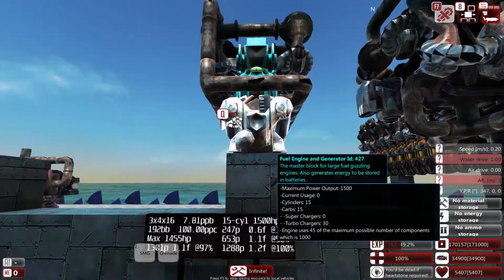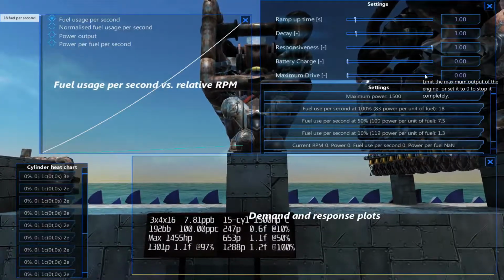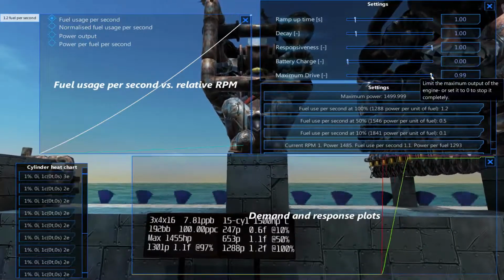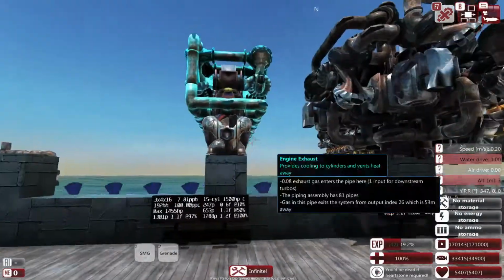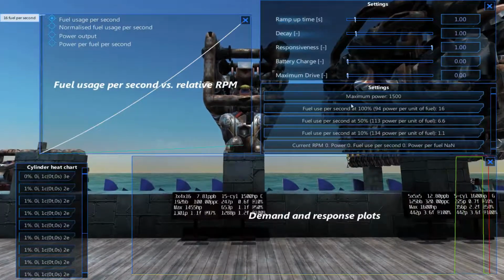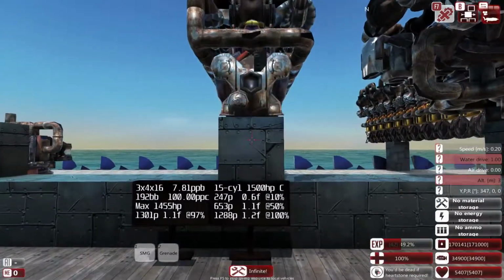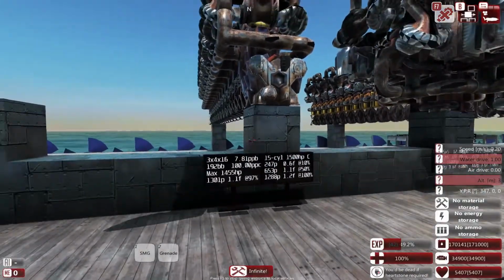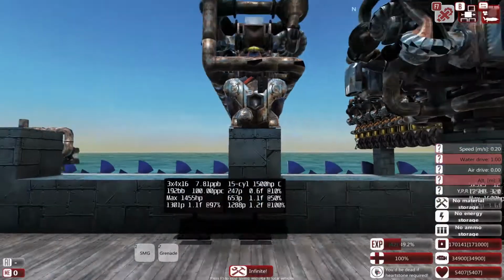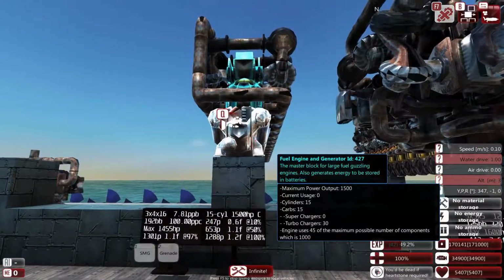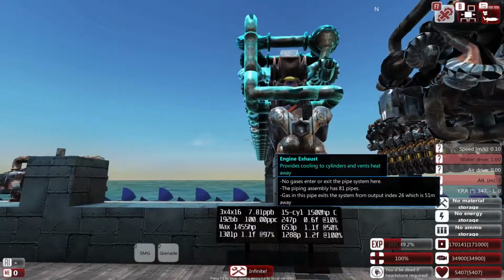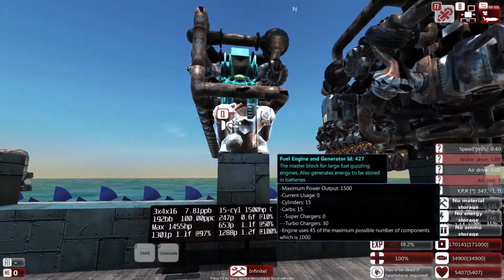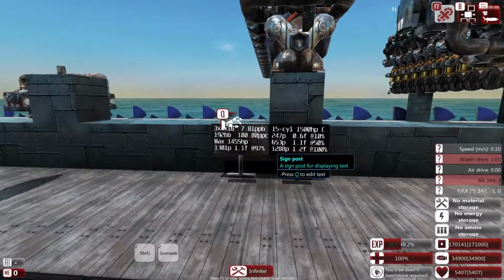So on this motor right here, the ideal use case scenario would be to lock the drive factor to 0.99, or set up an ACB to charge batteries, so that if the batteries fall below 90%, turn this motor on to 99%, and when the batteries get above 98% or 99%, turn this motor off.